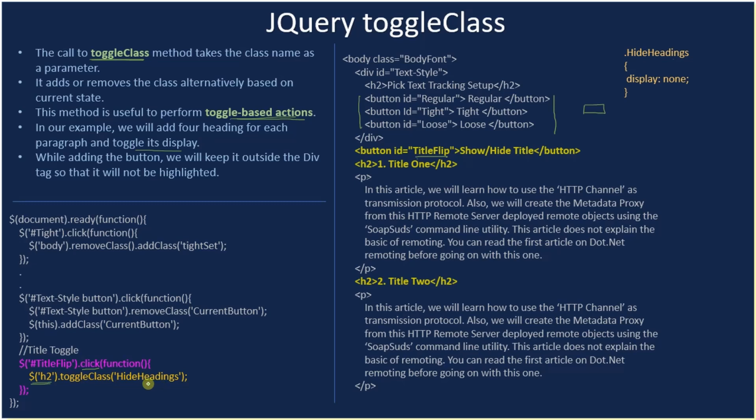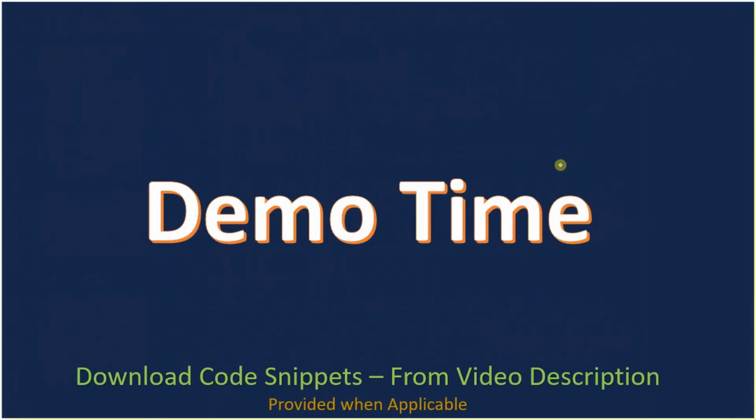Then .toggleClass('hide-headings'), so the class attribute will be added and removed based on this toggleClass. When the attribute is present, it will be removed. When it is not there, it will be added. So the effect is the title will get displayed or hidden based on this button click and the current state of the title. Alright, now let's go to the demo and see how this is working.